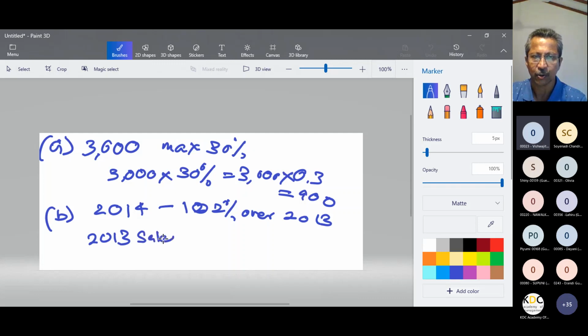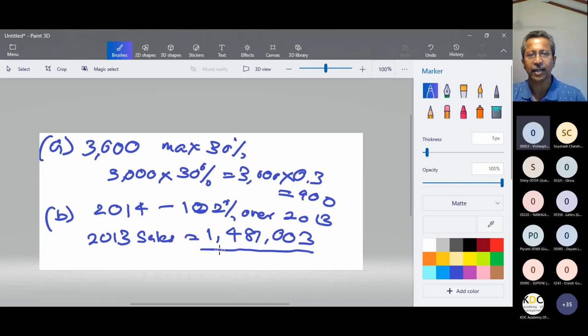To find that, we divide the 2014 sales, 1,487,003, by 1.02, because it grew by 102%. So what is the answer? It's 1,472,425 after rounding up.